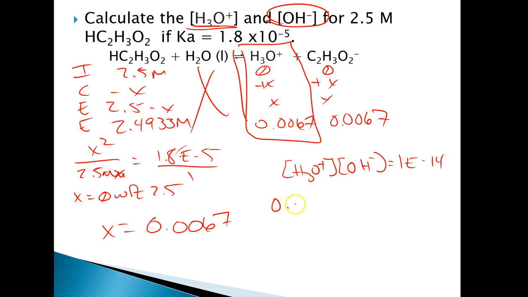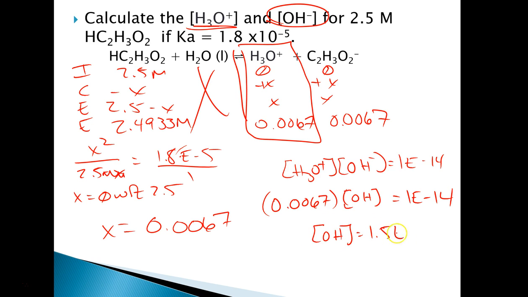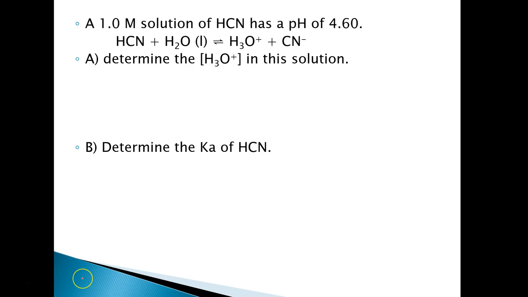So if I put in 0.0067 times my OH minus, all I need to do is take that 1e negative 14 and divide it by the 0.0067. And you get 1.5 e to the negative 12. Okay, so you have to pay attention to what they're asking for and bring back old stuff.